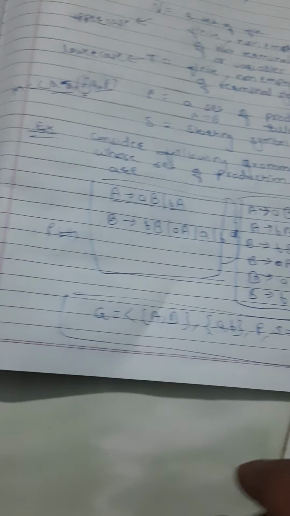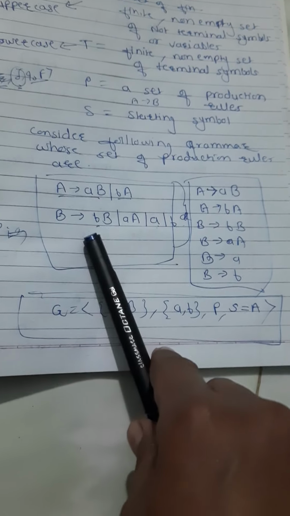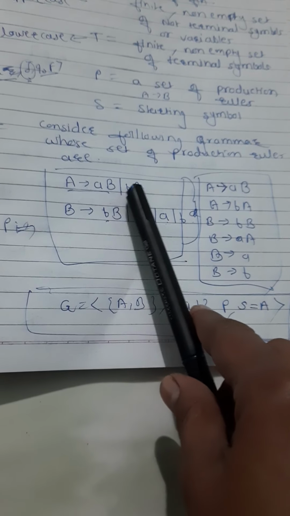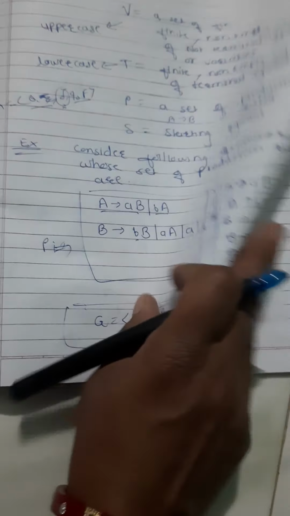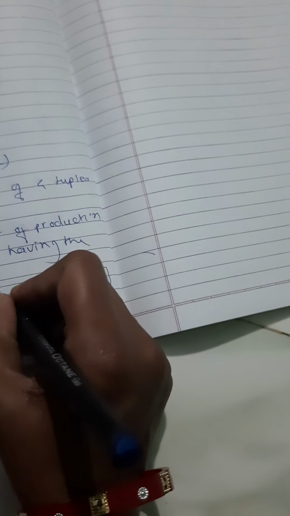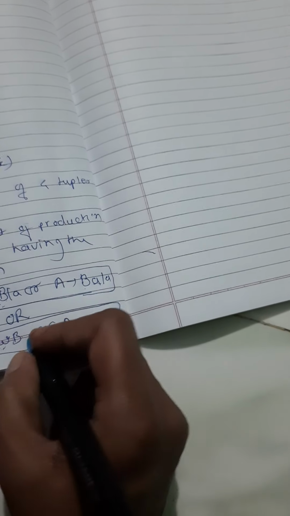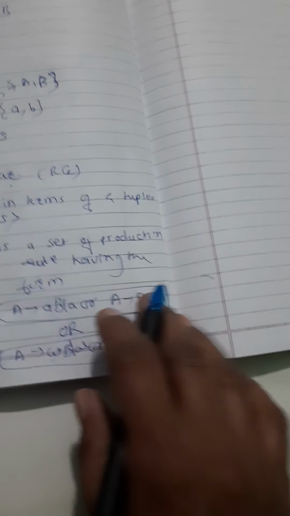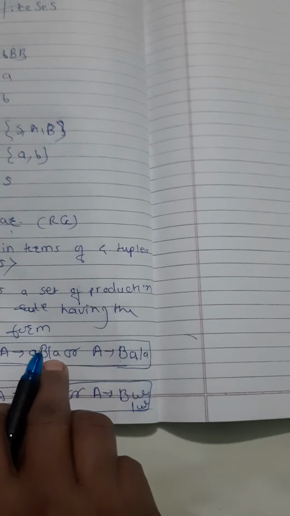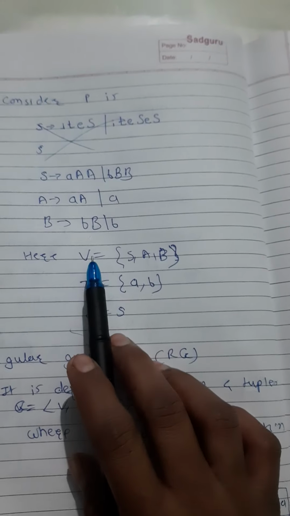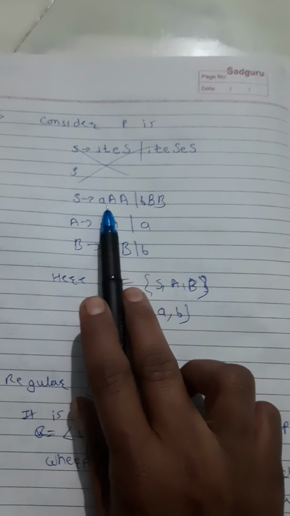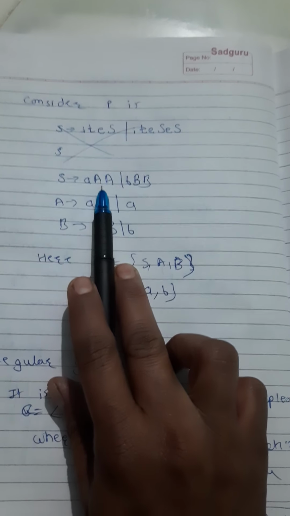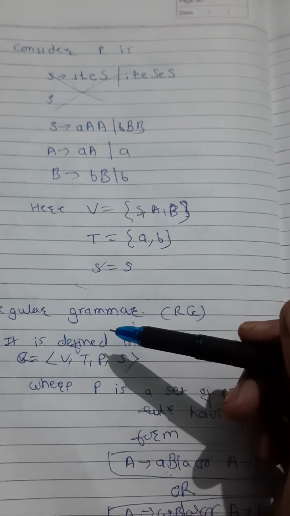For example, this first grammar: here all the rules have this format, terminal, non-terminal, or a single terminal, or W. Okay, but this second example we can't say is a regular grammar, because on the right side of some production rule there are more than 2 symbols, which is not allowed in the regular grammar.